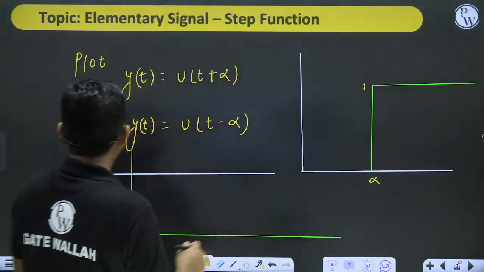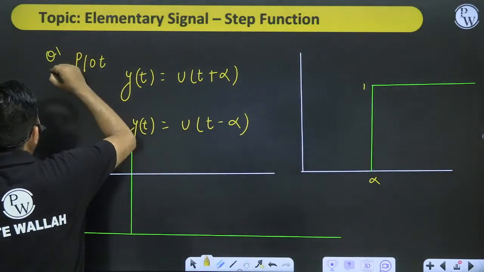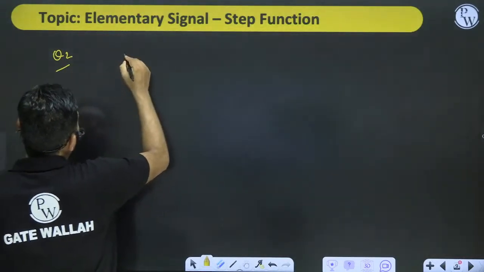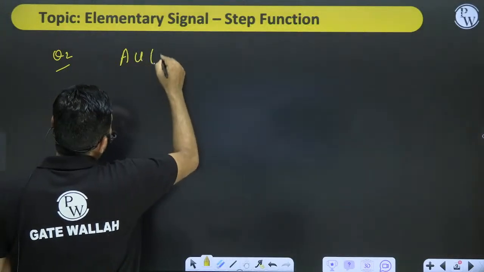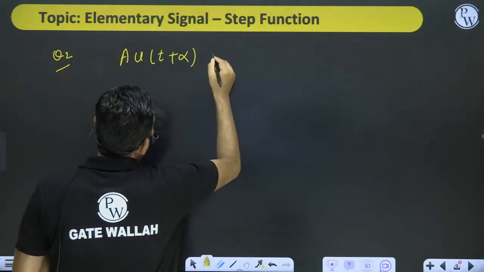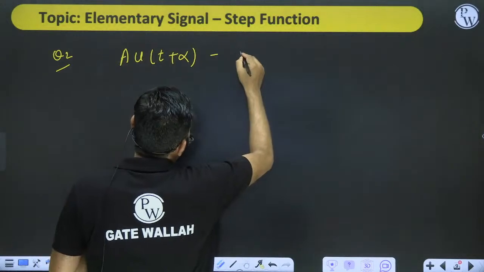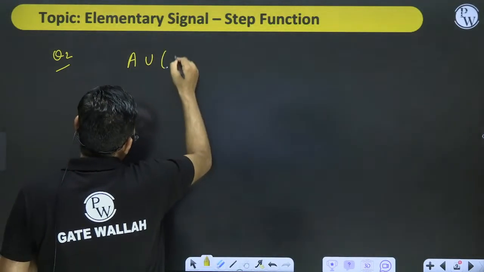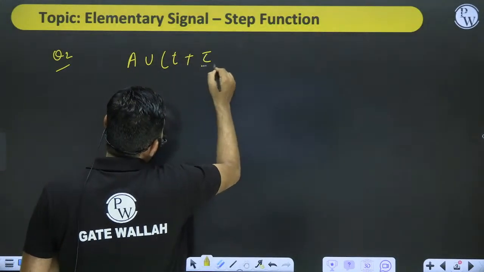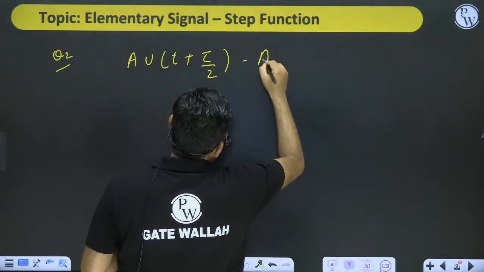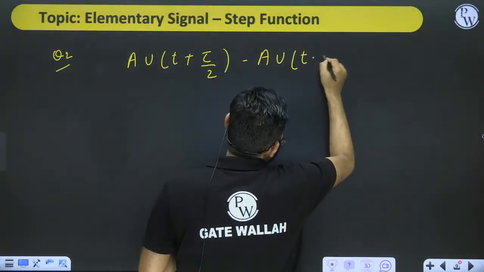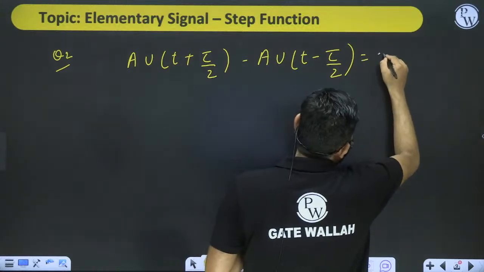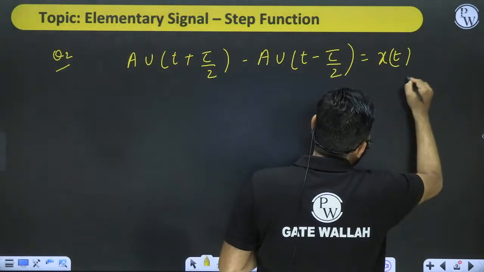So suppose if this is the question number 1. Question number 2, if I say AUT plus tau by 2 minus AUT minus tau by 2 is what my xt is, and I want to plot xt.